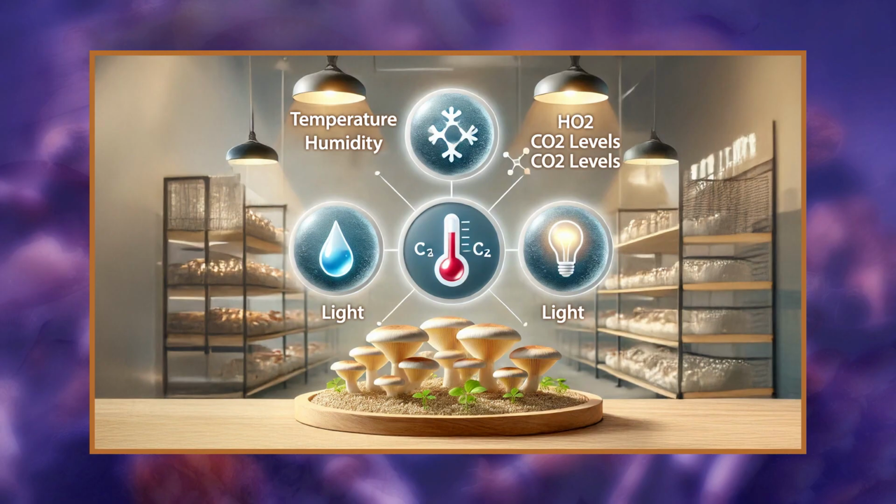Optimizing growth conditions for shiitake mushrooms is an intricate process that requires balancing a host of variables from substrate composition and spawn inoculation to fine-tuning temperature, humidity, and air exchange.